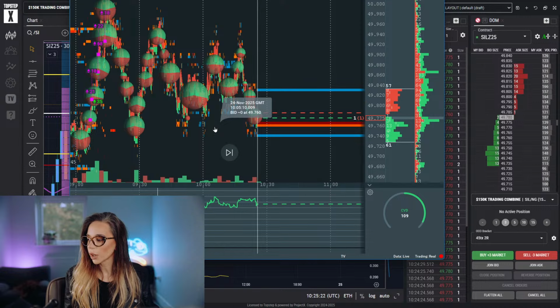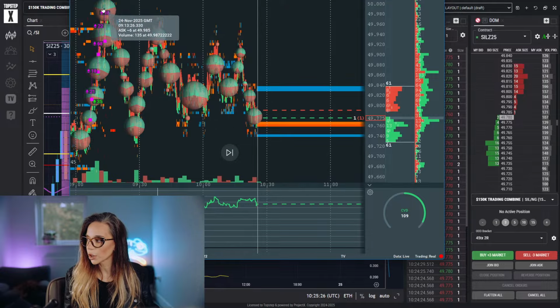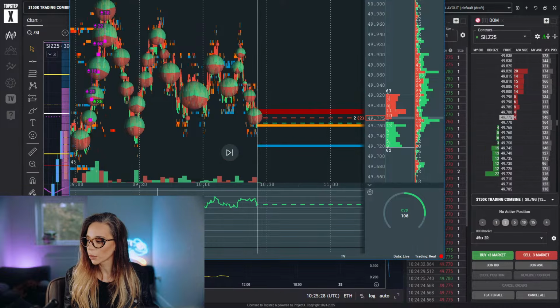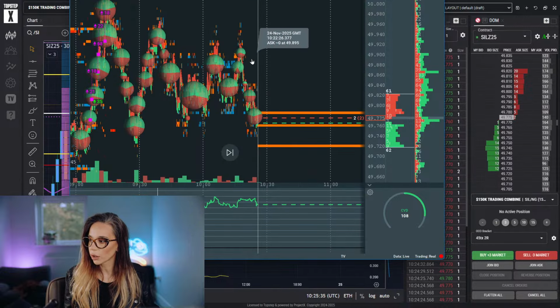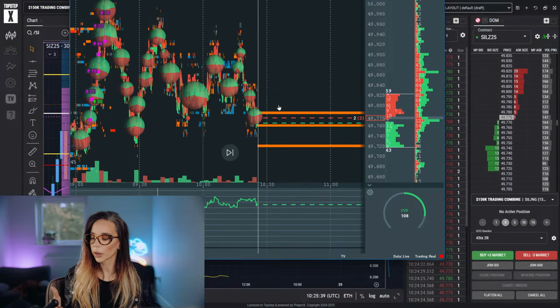Is there anything on delta that we can figure out? So there's a bit of delta divergence. Delta is making a new high here locally, but the price is not. So this could actually be opening up the possibility for a larger downside move. Okay, then my tag, my ADLO.